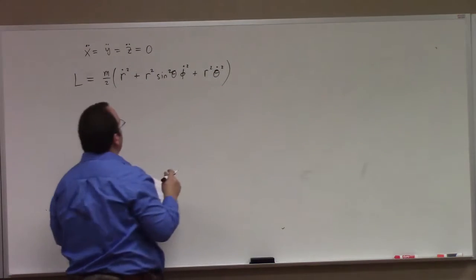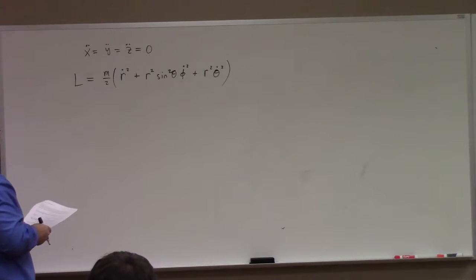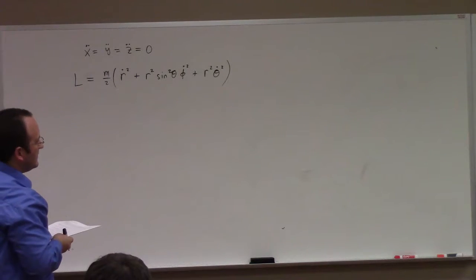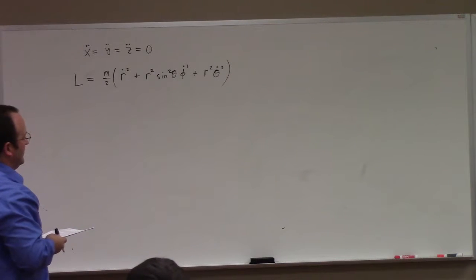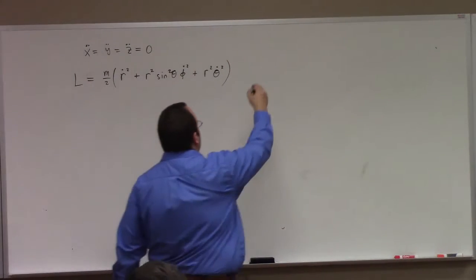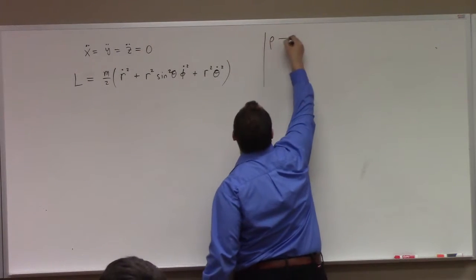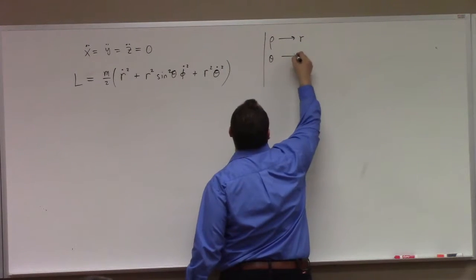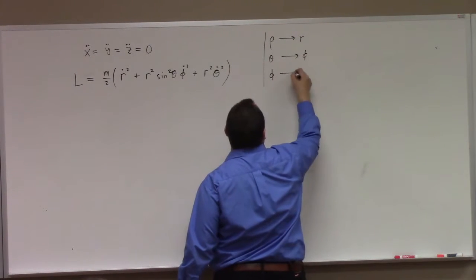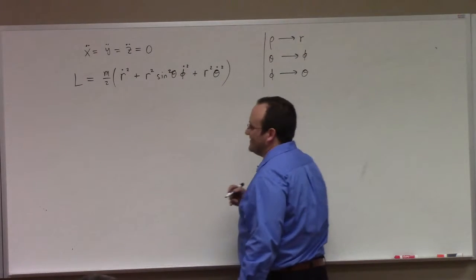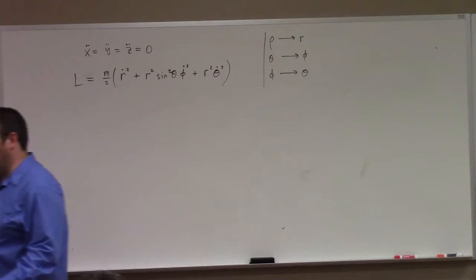There you go. I think this is physics coordinates, where rho is going to r, theta is going to phi, and phi is going to theta, I think. Most likely, okay?